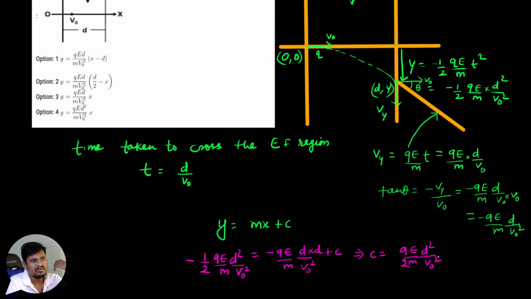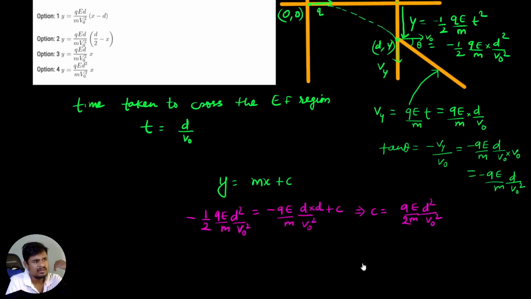So we got the value of c, and once we get it, we can substitute this value of c in the given equation to get the value of y. So y will be minus qE by m, times d by v0 square, times x, plus c, which is qE by 2m d square by v0 square.